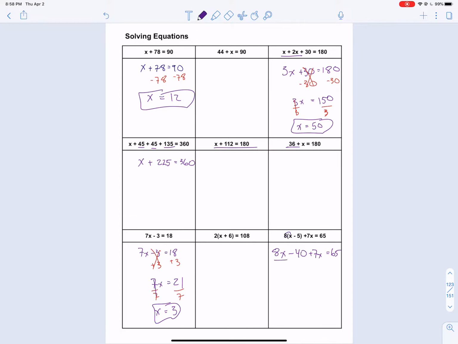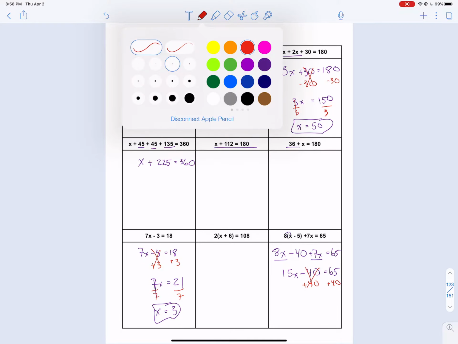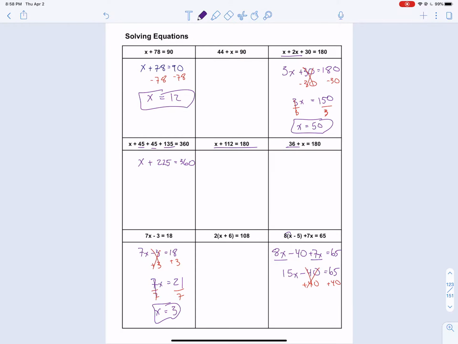So we have two terms that we can combine. So the 8x and the 7x, that makes 15x minus 40 equals 65. Okay, so now it's just like some of the other ones. Add 40 on both sides. That becomes 0, which is our goal. We don't want that number on the same side as the x anymore.